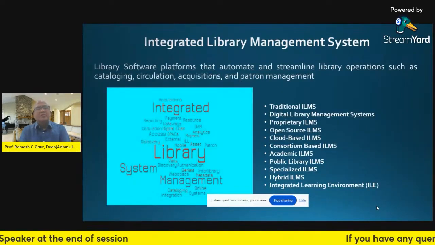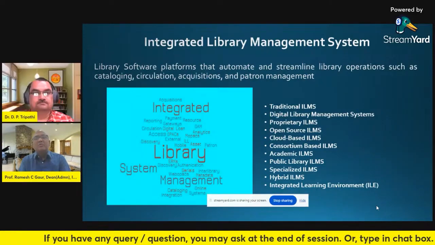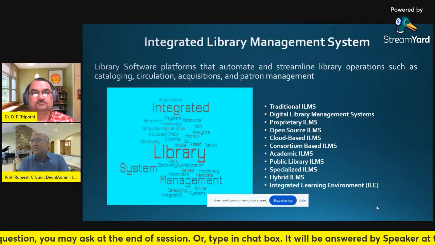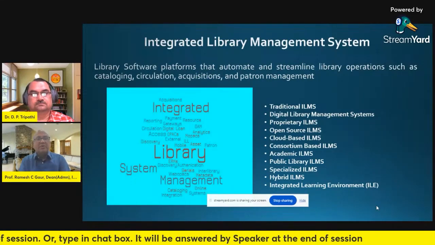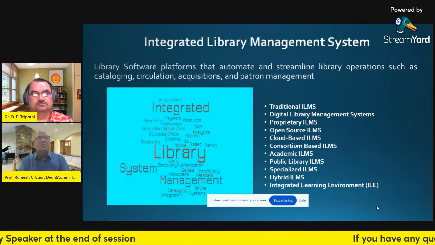So the first thing is you need to choose a good integrated library management system. There are plenty, but you have to select software which suits your requirements most and fulfills all your needs. It may be commercial software, it may be open source. I'm not a person who always says that we should go for open source software.